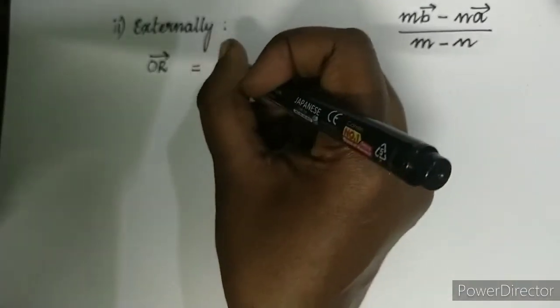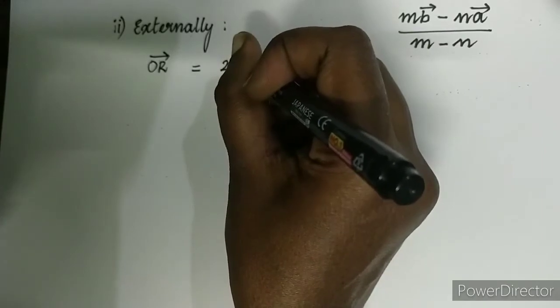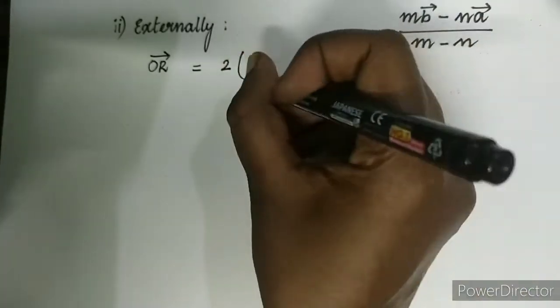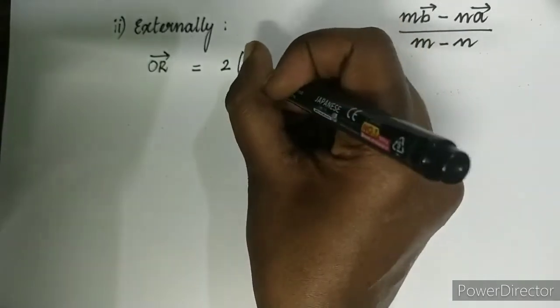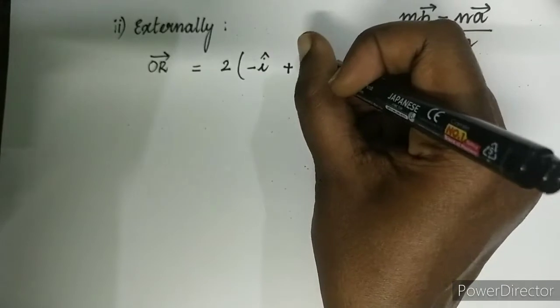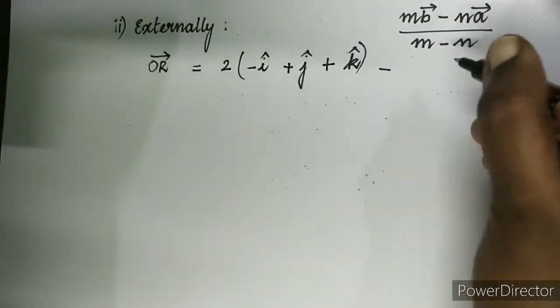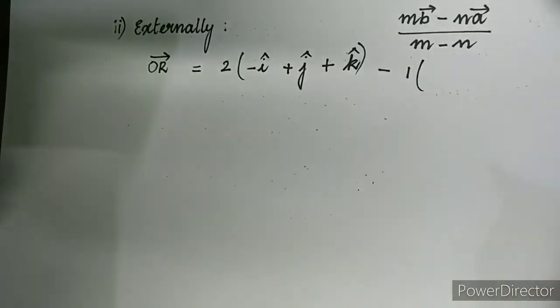We will substitute 2 into our b vector, that is OQ vector, minus i cap plus j cap plus k cap, minus our n is 1 into our a vector, that is OP vector, i cap plus 2j cap minus k cap.